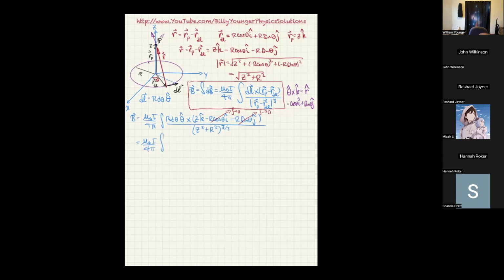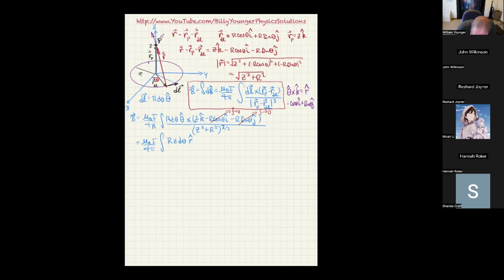This is going to be the integral of r z d theta, because I went ahead and used the linearity of the cross product. I pulled the z in front of the d theta, and the theta hat cross k hat gives me the r hat.